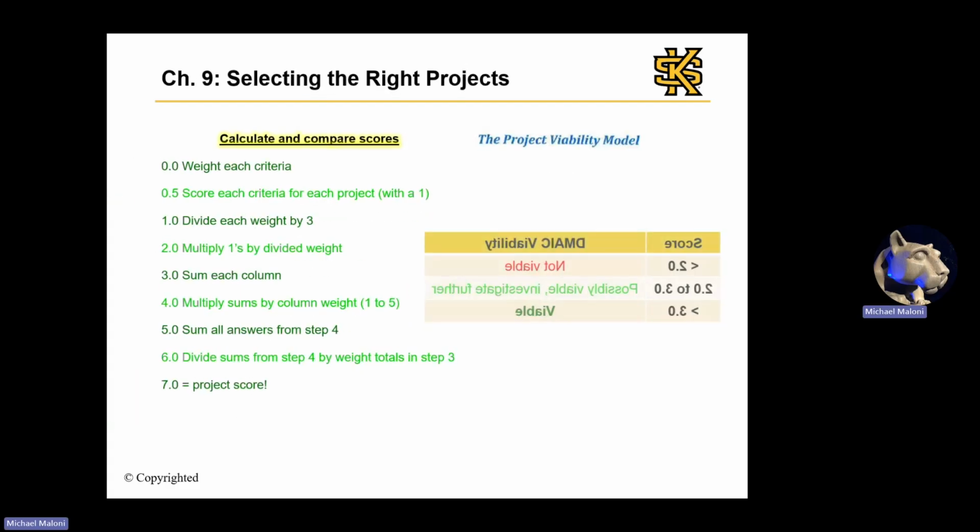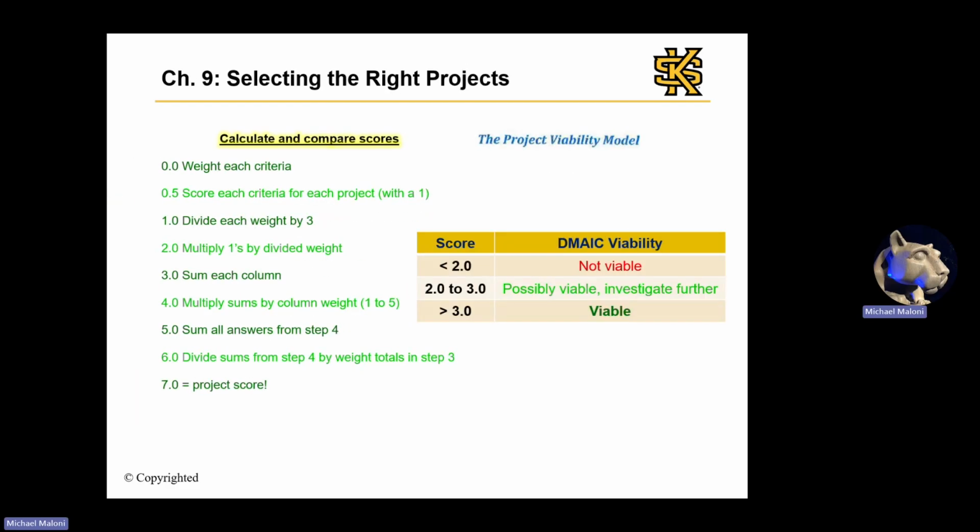For this approach, higher scores are better. So less than 2.0, that project is not viable for DMAIC. 2.0 to 3.0, it's possibly viable, but we need to further validate it. And then a project with a score greater than 3.0 is viable for DMAIC.